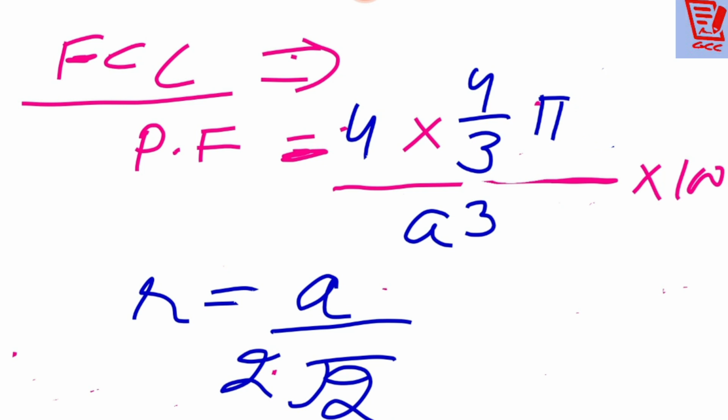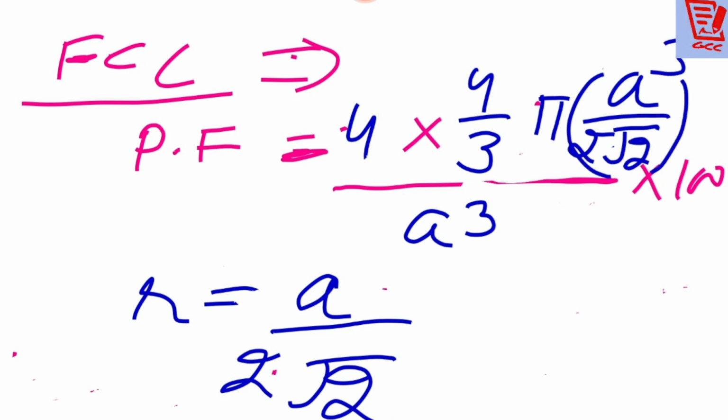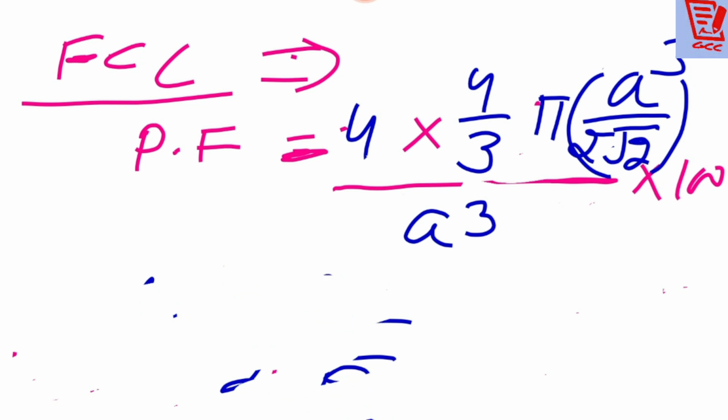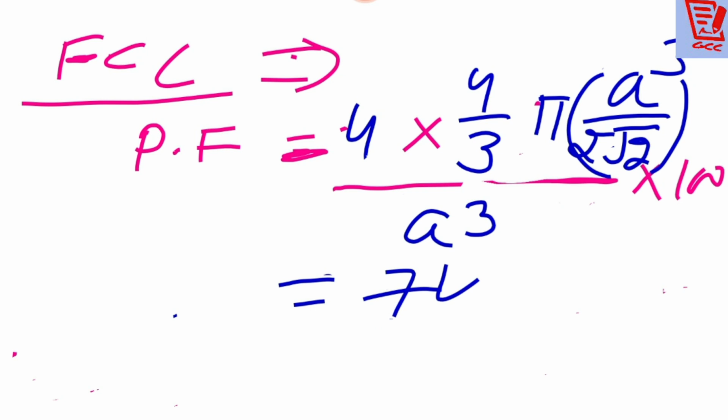That will become a by 2 root 2, the whole cube. Yes or no? After doing this, what are we getting there, beta? We are getting its value after the calculation as 74%. It is the packing efficiency.